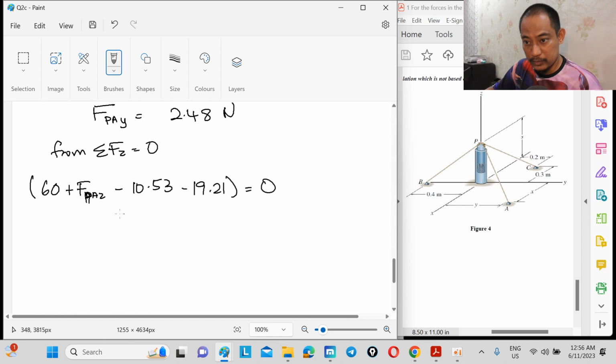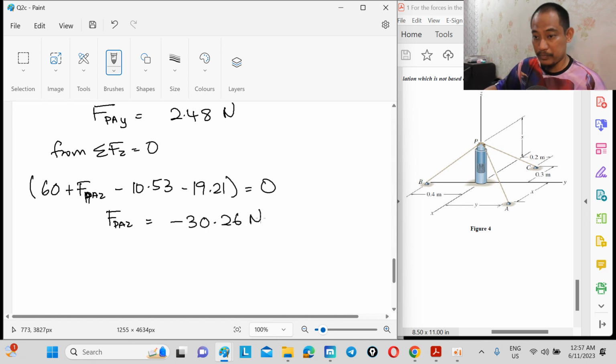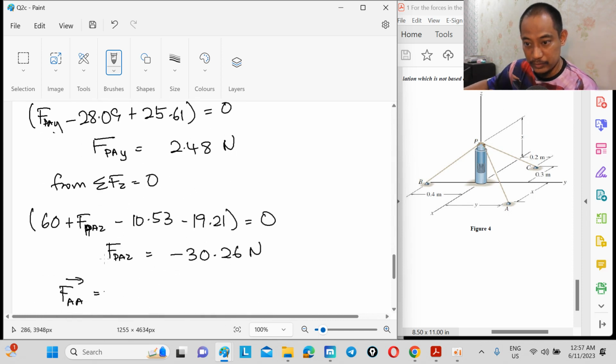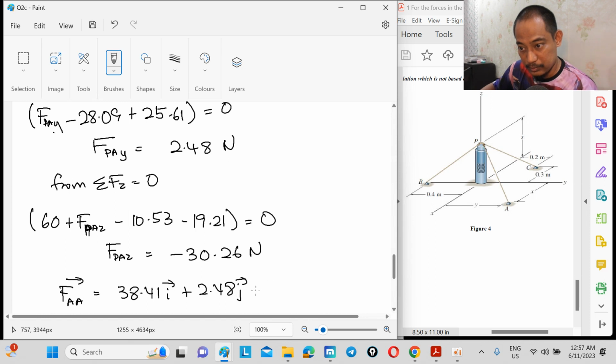So from here, FPAz equals 60 minus 10.53 minus 19.21, which is minus 30.26 Newton. In other words, FPA in vector form is 38.41 I plus 2.48 J minus 30.26 K Newton.